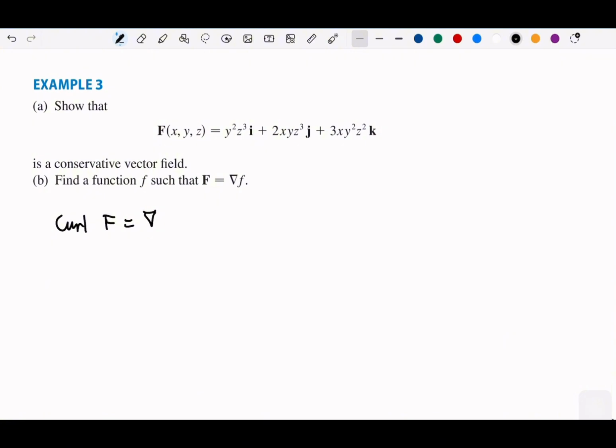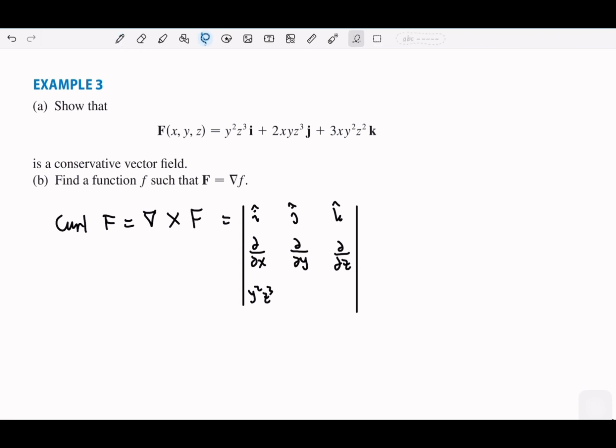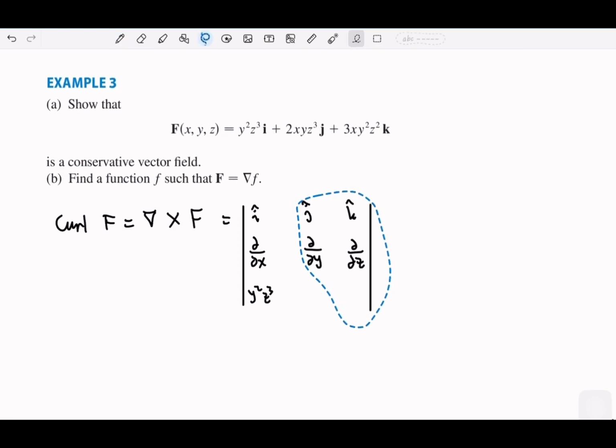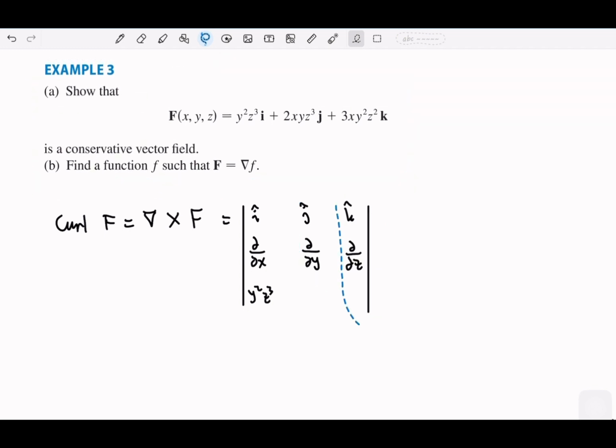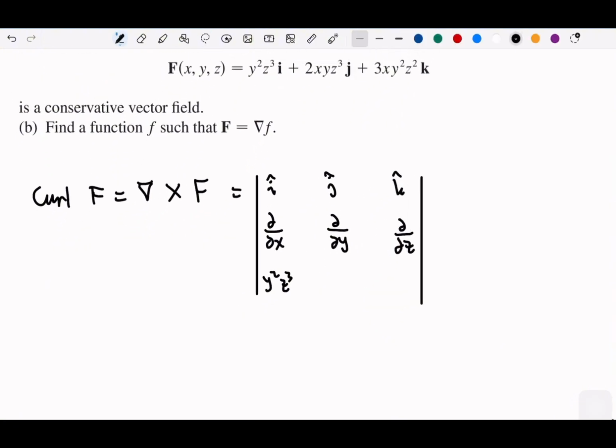So we could take the del cross F. So take the i, j, k. This is dou dou x. I think if you are getting familiar with finding this determinant, you are able to do the calculations faster and no need to write this determinant structure.